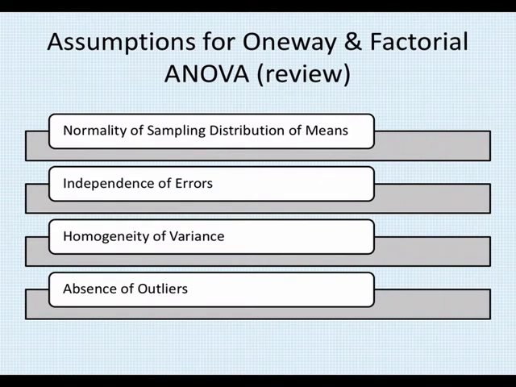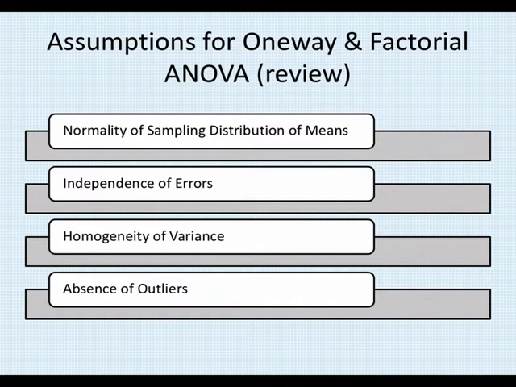So this is a review of what we had for one-way ANOVA and factorial ANOVA. So we had 4 different criteria or assumptions that we had to test. One is normality, and one is independence of error. This is more on the research design. We didn't really actually statistically test this. And then homogeneity of variance and absence of outliers.